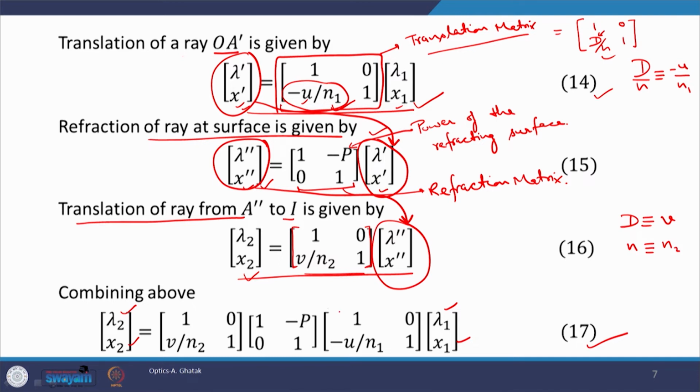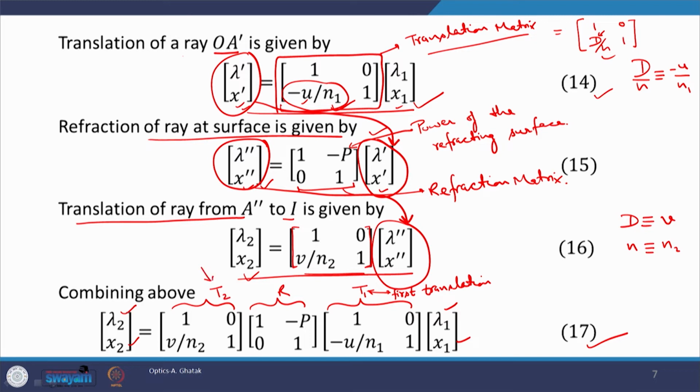Note the order of the matrices. This is your translation matrix, this is your refraction matrix, and this is again your translation matrix. This T is the first translation, so let us write it as T1, and this would be your T2.